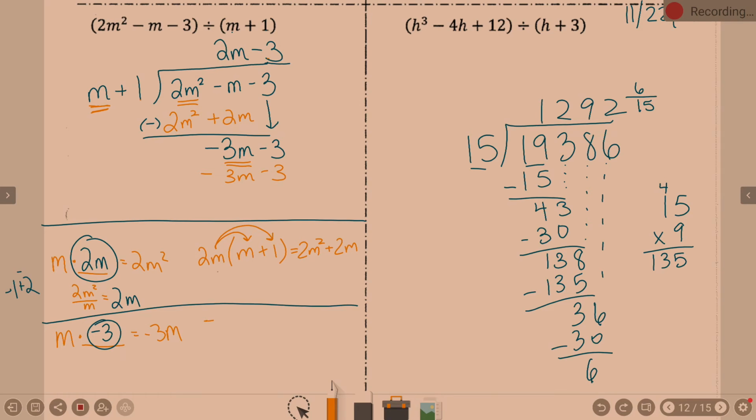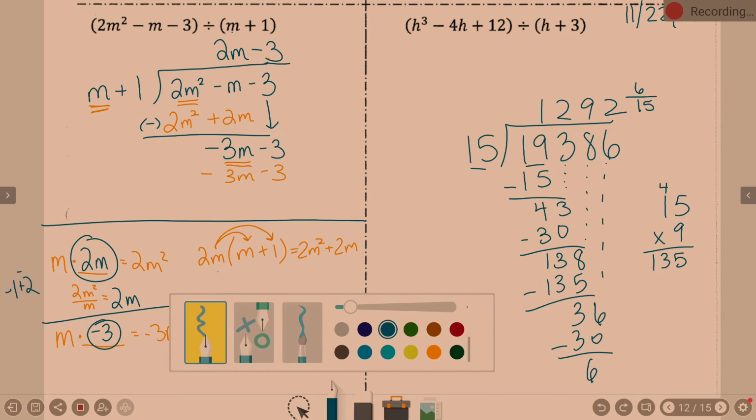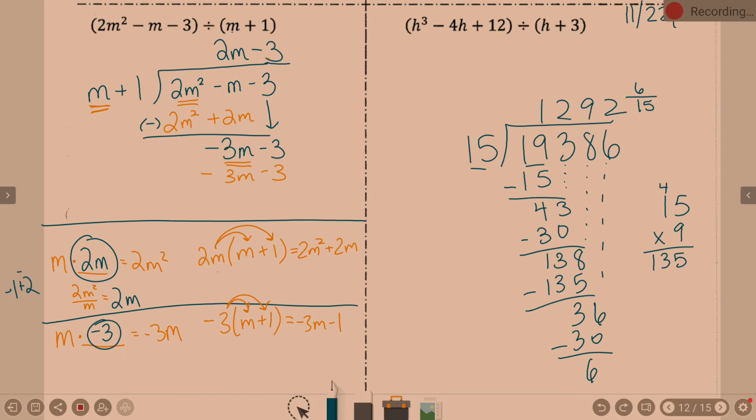And again, if you don't like that, feel free to treat it as distributive. Negative 3 times m. Negative 3 times 1. What happens when we subtract this time? Negative 3m minus negative 3m is negative 3 plus 3, which is 0. And negative 3 minus negative 3 is also 0.